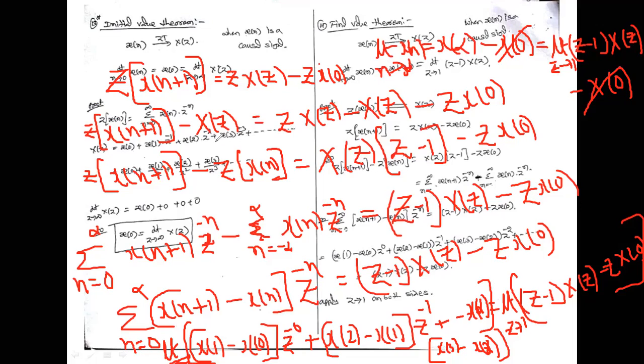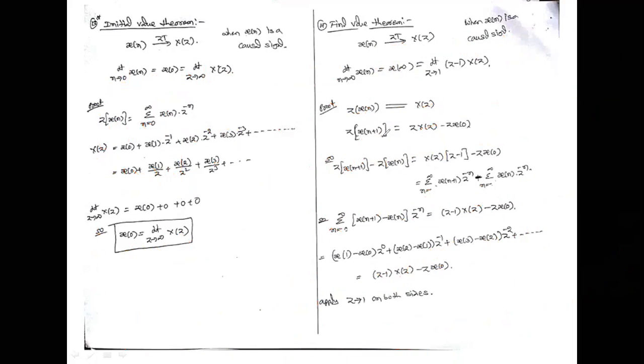So only one thing you have to remember: you can use the one-sided Z transformation shifting property with a sample of 1. Then on both sides you can subtract x of z and write this function in terms of the Z transformation definition and simplify. What it matters, friend? You see here x of z into x of z minus z into x of 0, you can check here.